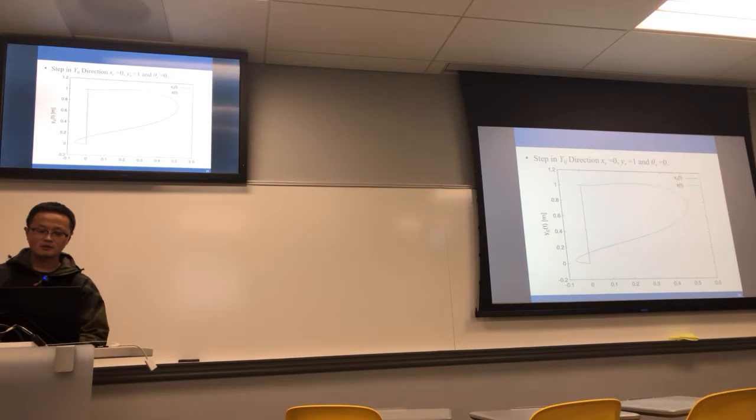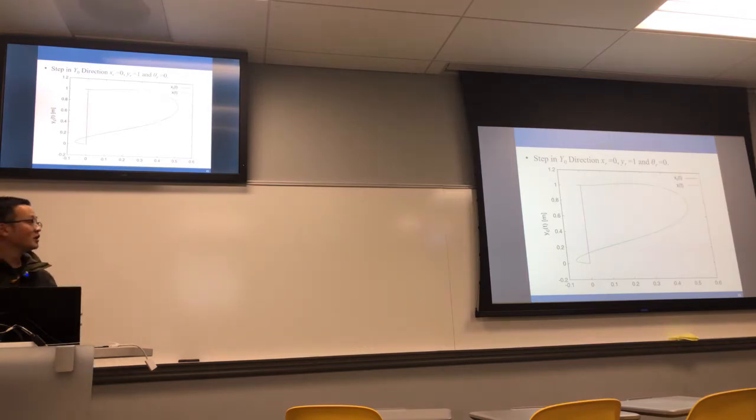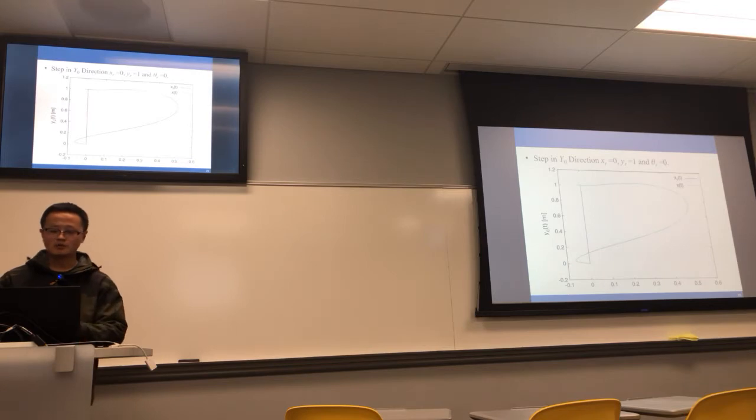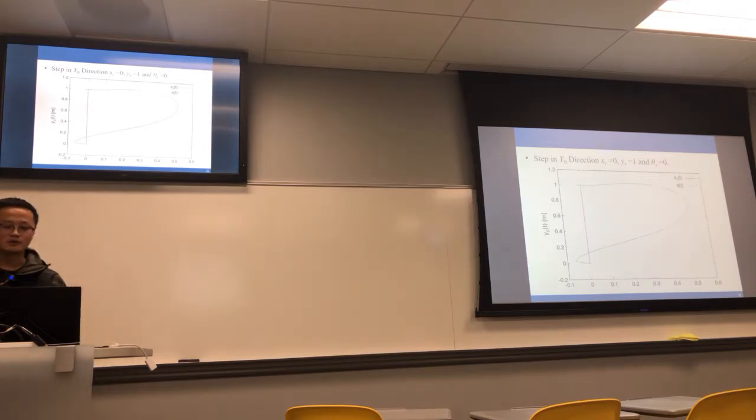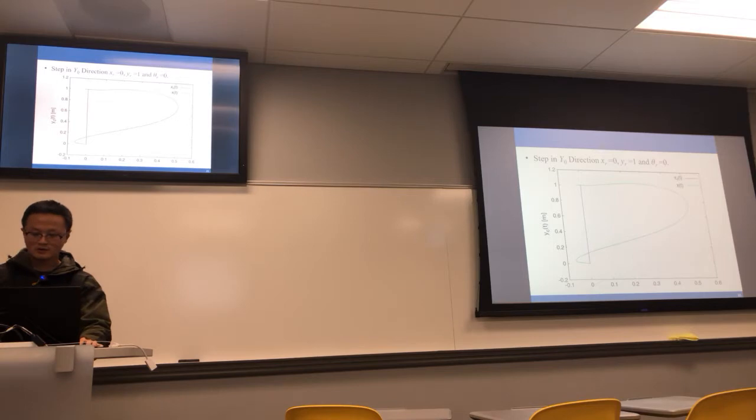And next is the result of a step in the y direction. We know the x direction and the y direction are different, because the robot cannot move immediately in the y direction from the x direction. So the error is a little bigger than in the x direction.